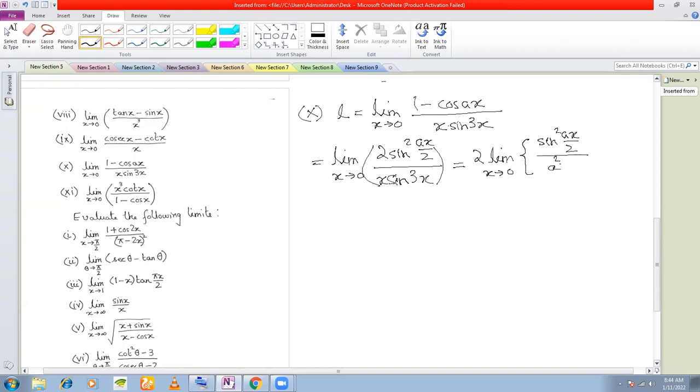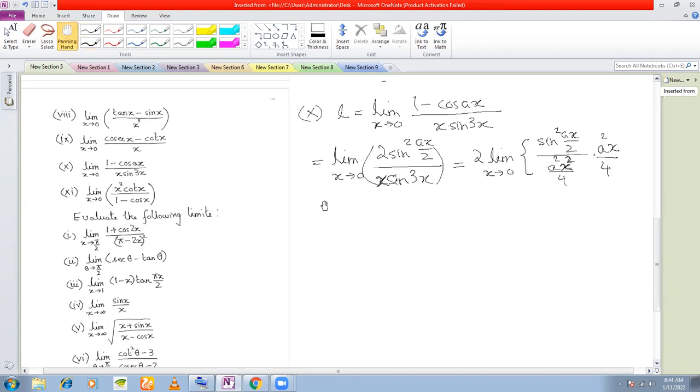It is a square x square by 4, right? And we already have an x in the denominator, but I am giving an x square. That means what is the extra quantity that I'm multiplying by? The extra quantity that I'm multiplying by is a square x by 4.